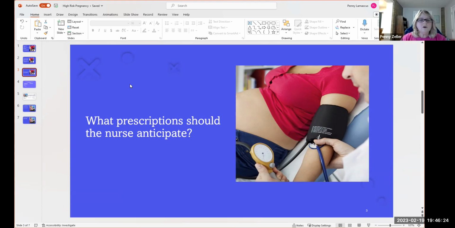What we do not want our clients to do is hold their breath and bear down to push. Closed glottis. That was on your first exam. Closed glottis means you're holding your breath and pushing. It's like the Valsalva maneuver, which is not a good thing to do for anybody. Why don't we want our clients to do that? You don't have oxygen perfusing because you're not breathing during that time.